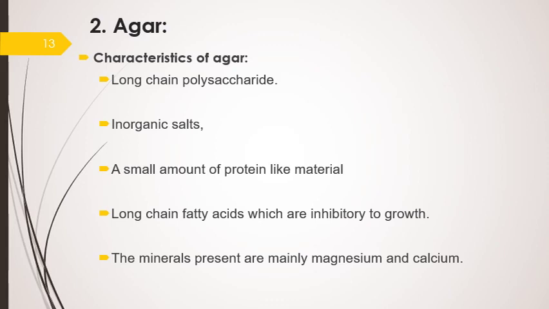So here we have some characteristics of agar. Basically, the chief component of agar is a long chain polysaccharide. It also includes some impurities in the form of inorganic salts and some proteins. It also possesses long chain fatty acids that inhibit growth, and the main minerals present in agar are magnesium and calcium, which are a requirement for microbial populations.